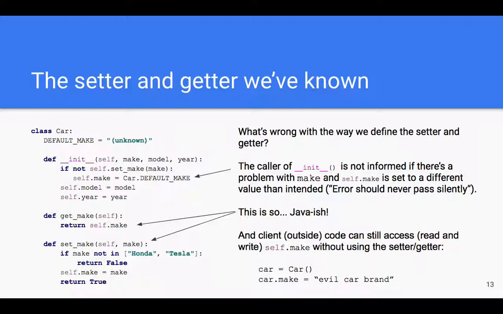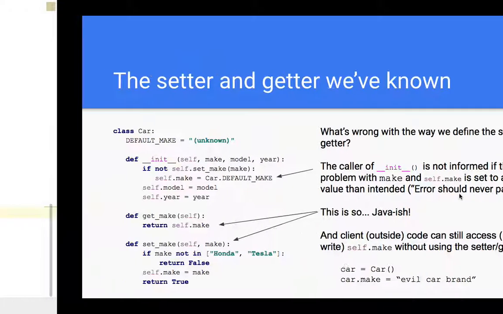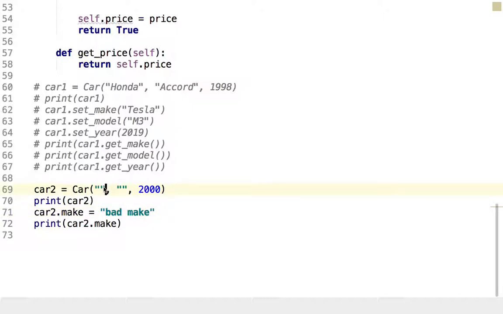Instead, we silently set the make instance attribute to some default value. Okay, and that's not good, because one of the tenets of Python is that errors should never pass silently, right? So just as an example, here I instantiate a car with a blank make.